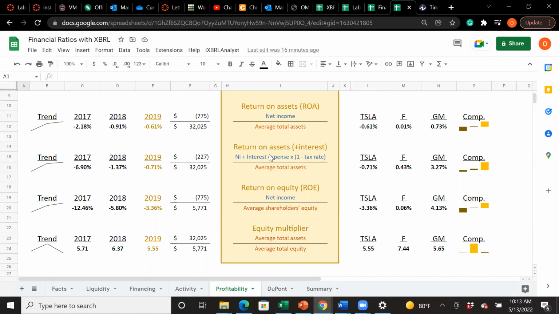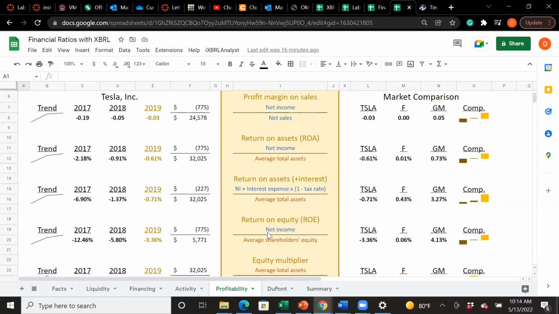Return on assets is negative. Return on equity is also negative. Equity multiplier, total assets. Okay. So they have 5 times as much total assets as they do equity.